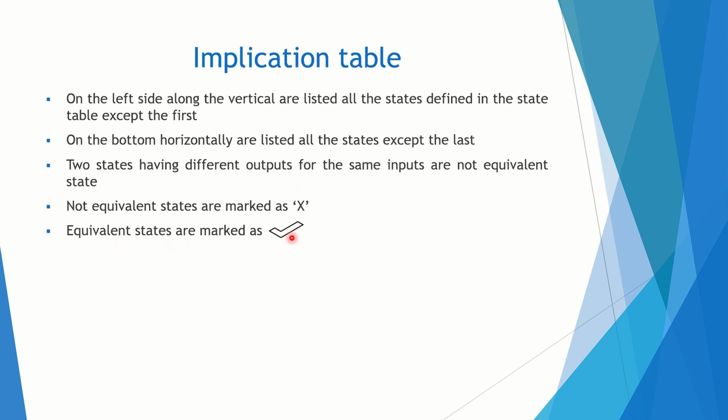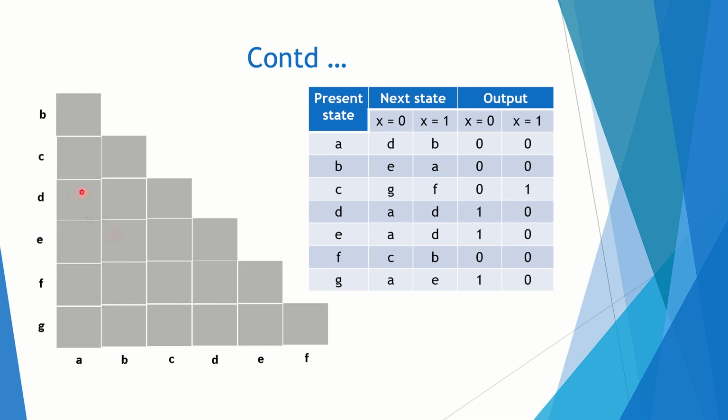So let us see here. This is the implication table as we discussed earlier, with B, C, D, E, F, G and A, B, C, D, E, F along the sides. Let us first take the pair AB.